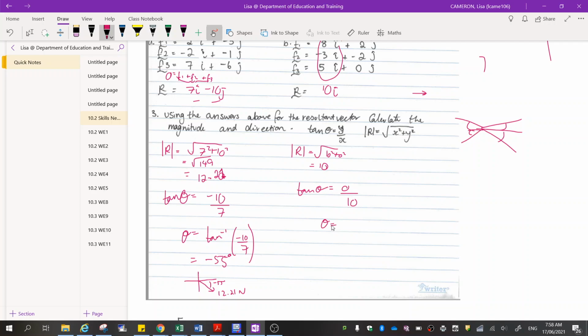So theta equals inverse tan of 0 degrees, which just gives me 0, which means that it is on the axis. So if I'm drawing this on a plane, especially because it's on the horizontal, that's the vector. Here, I'll change colours. This thing here is the vector, and it's got a length of 10. Okay, not hard once you draw it. It's pretty easy to see what's going on.